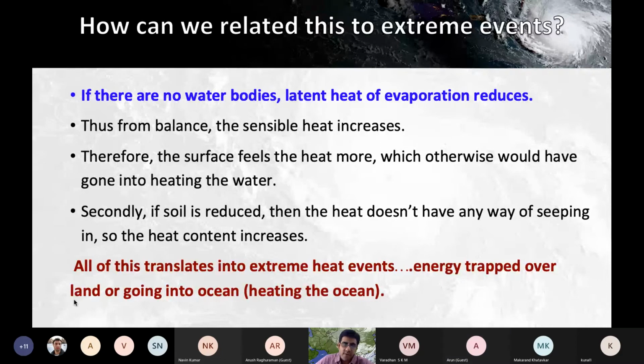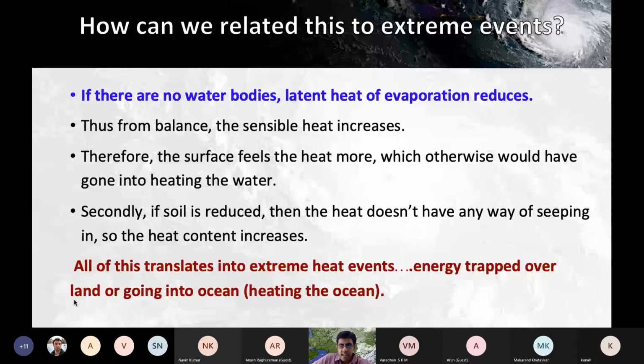So what every time people miss out is the role of the ocean in prediction, and we only look at atmospheric phenomena too much. We don't give the respect that the ocean deserves, because MJO is again air-sea coupling. Unless and until your ocean is going to give the heat, MJO will not come to our basin.